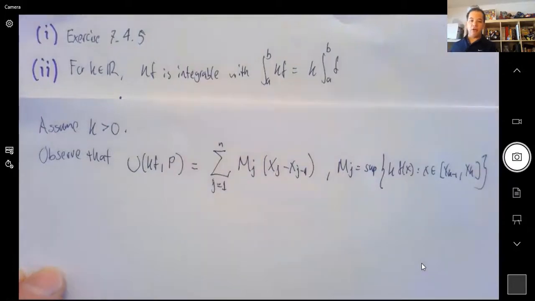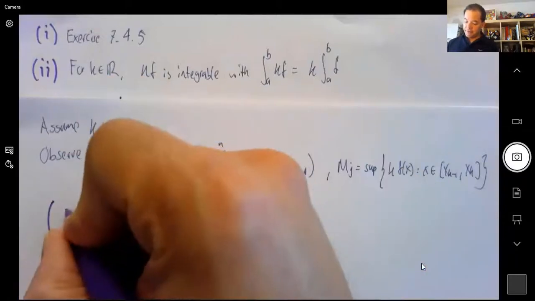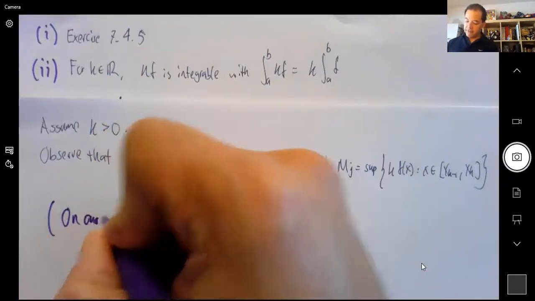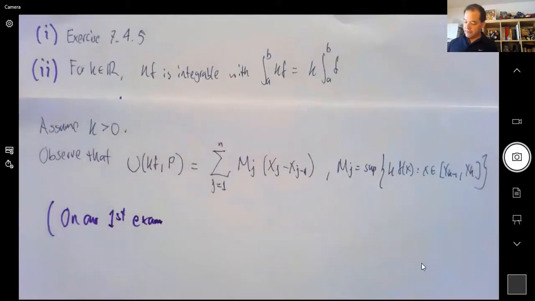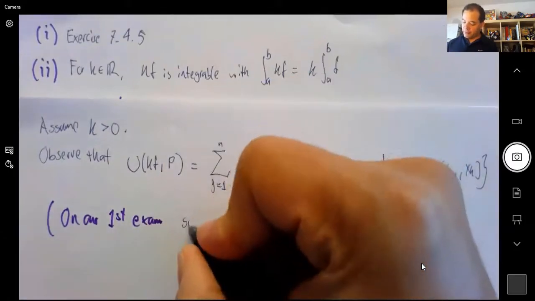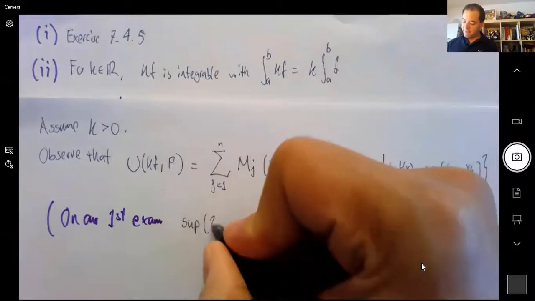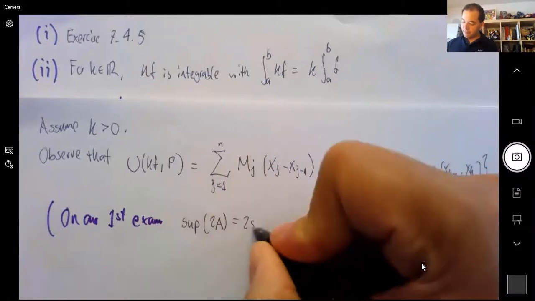And now we're going to go really far back and remember what happens to a supremum when we multiply by a constant. By the way, we had this as a problem in our first exam. Didn't I ask you to show that the supremum of 2A is 2 times the supremum of A?